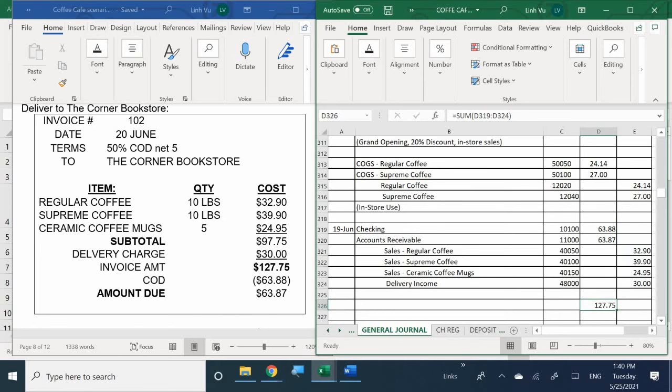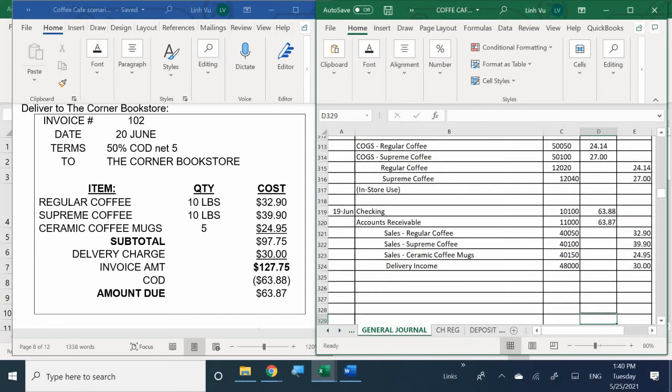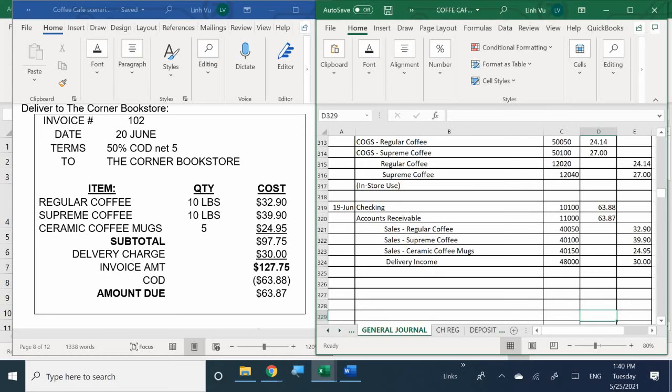So good, we completed our journal here. So description: corner bookstore, invoice 102, check 784, and then 50% COD net 5.